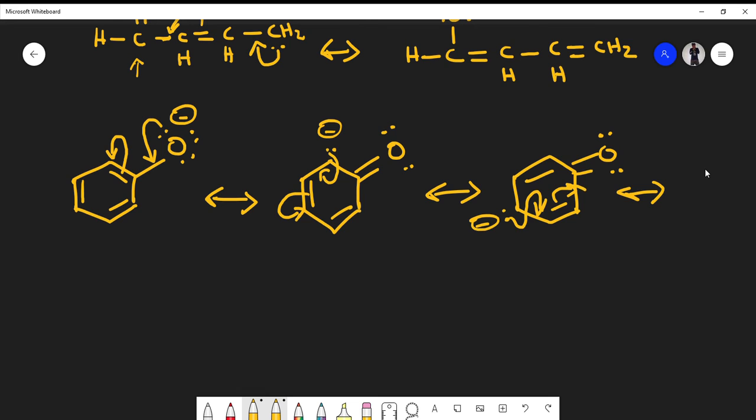Rather, on this carbon I can form a lone pair. So this becomes this. I still have my double bond here, I still have my double bonded oxygen here, but now I have a lone pair on that carbon, and that's negatively charged.